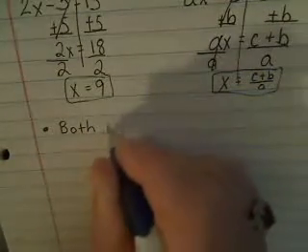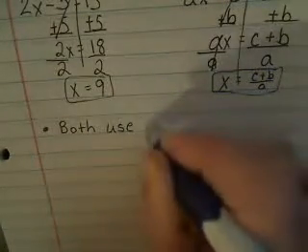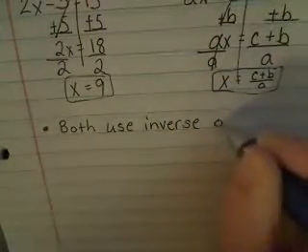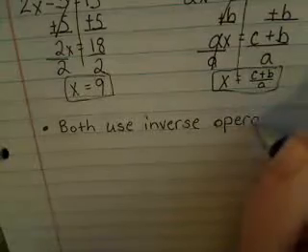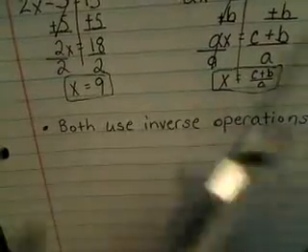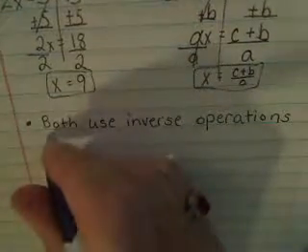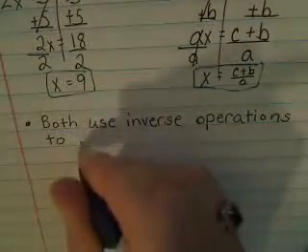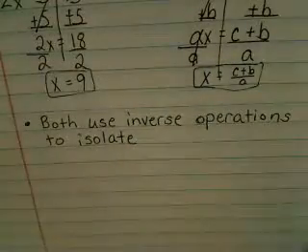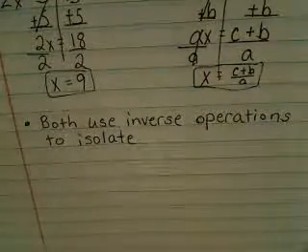Both use inverse operations to isolate. And that means to isolate your variable on one side by itself. So that's the way that they are similar.